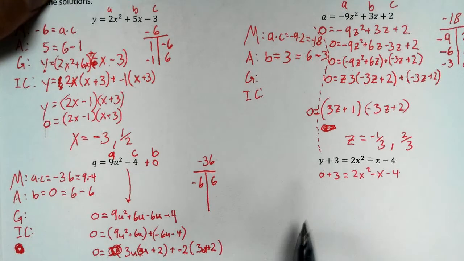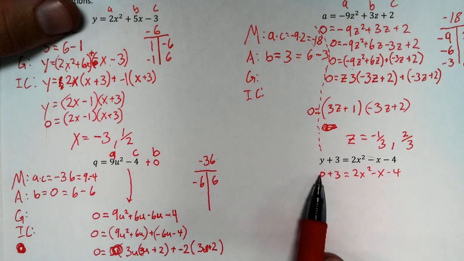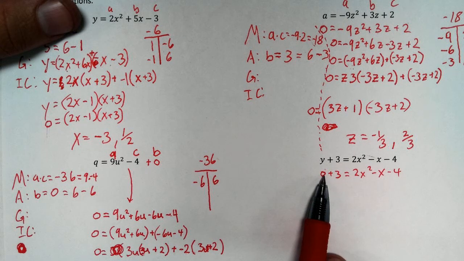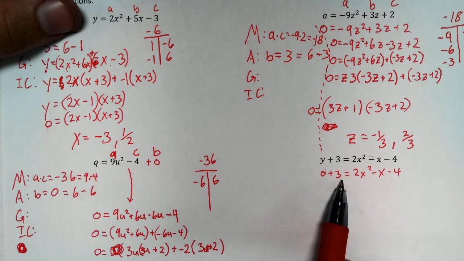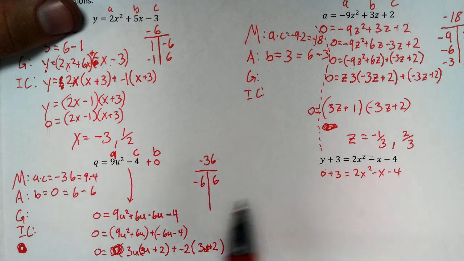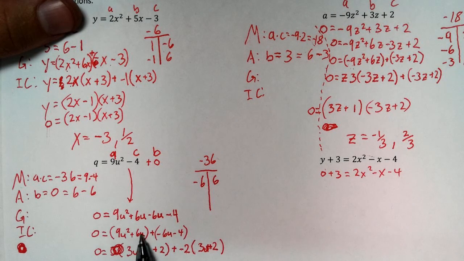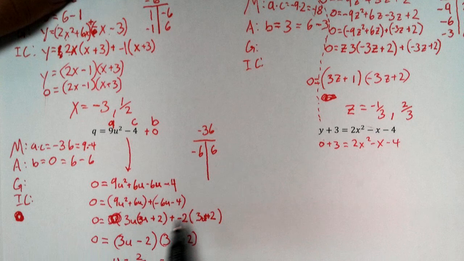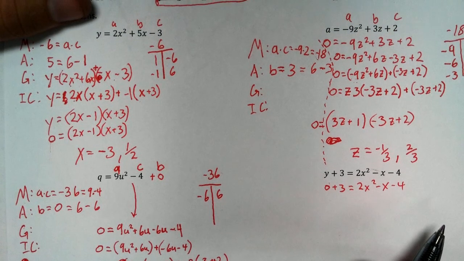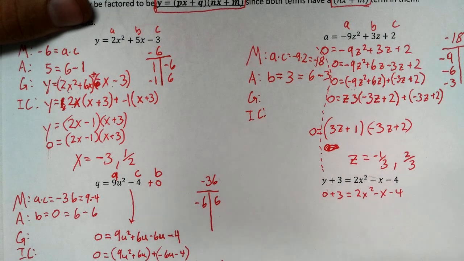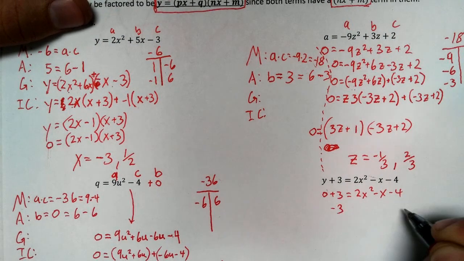When not in standard form, it's not equal to 0. When it's not equal to 0, we can't have this factoring magic, right? We can't have this multiplying to 0 stuff going on. So what we're going to want to do is bring the 3 over to the other side.